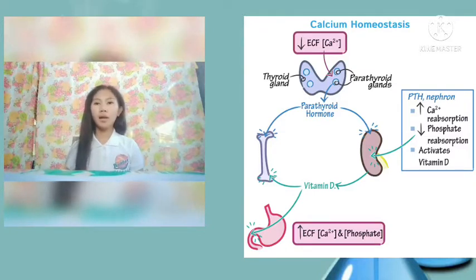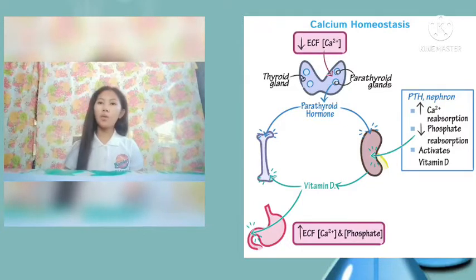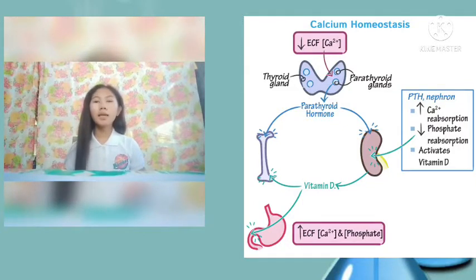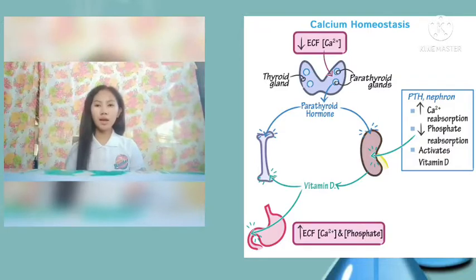So next, what is the purpose of calcium homeostasis? Calcium homeostasis is the mechanism by which the body maintains adequate calcium levels in order to prevent hypercalcemia or hypocalcemia, both of which can have important consequences for health.